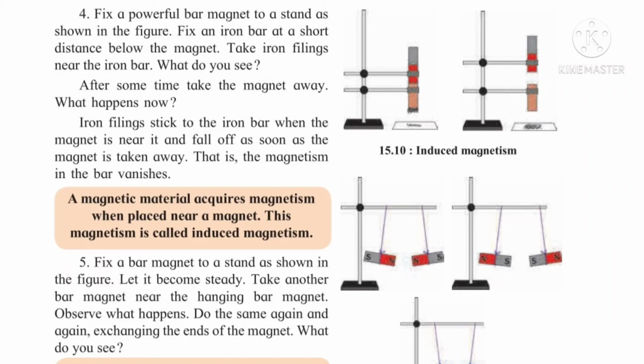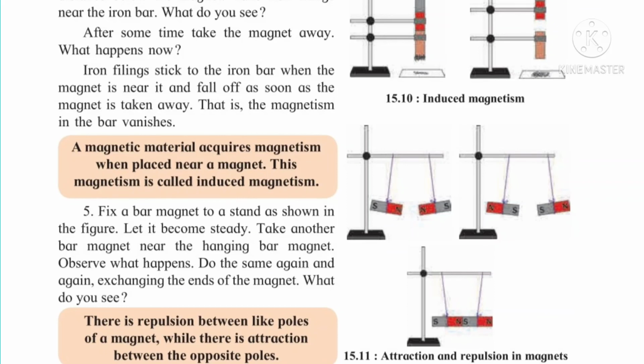But as we remove the magnet from the iron bar, its magnetic property vanishes. This is called induced magnetism. It is temporary, it is not permanent. Understood everyone? You can try this at home also.